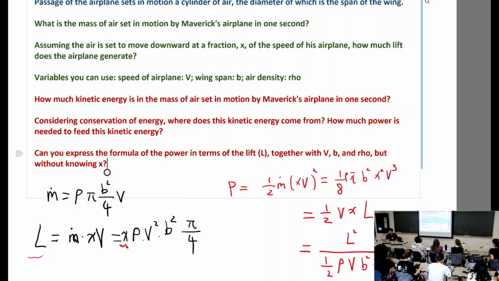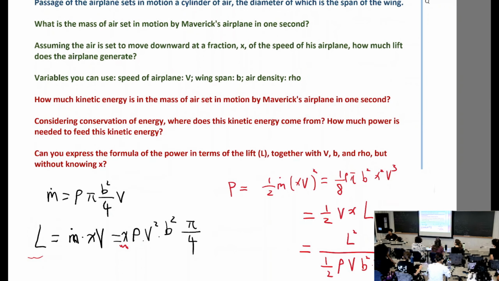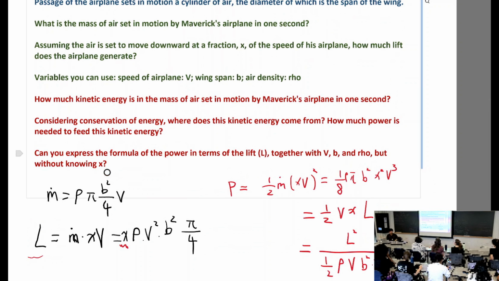Now the question is, does this remind you of anything? The coefficient of lift, which is CL, right? CL is going to be lift divided by half rho v squared, further divided by the area of the wing, right?